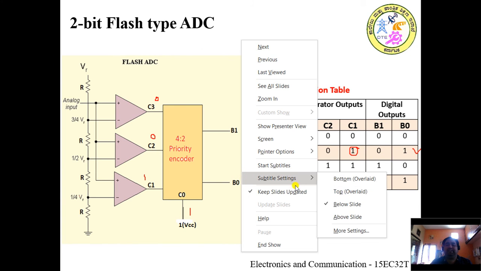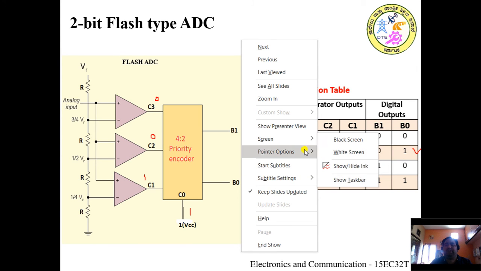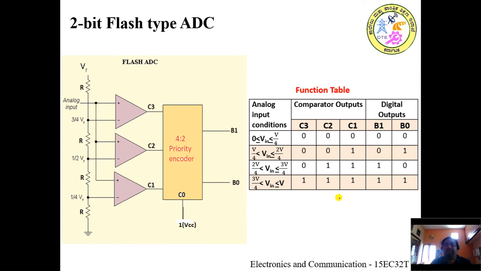If you consider the third case, as you can see, the analog input voltage is greater than 2V by 4. 2V by 4 is nothing but V by 2, that is the reference voltage for the second comparator.